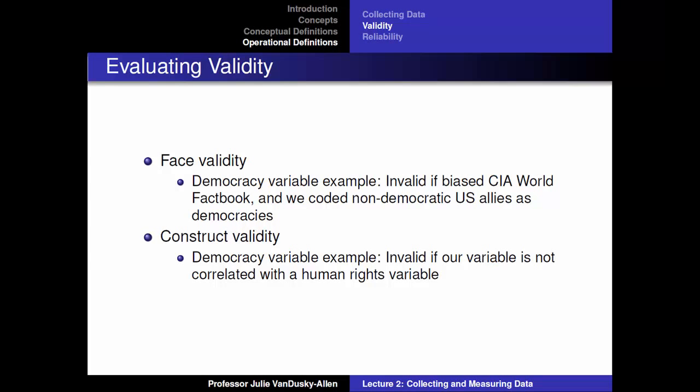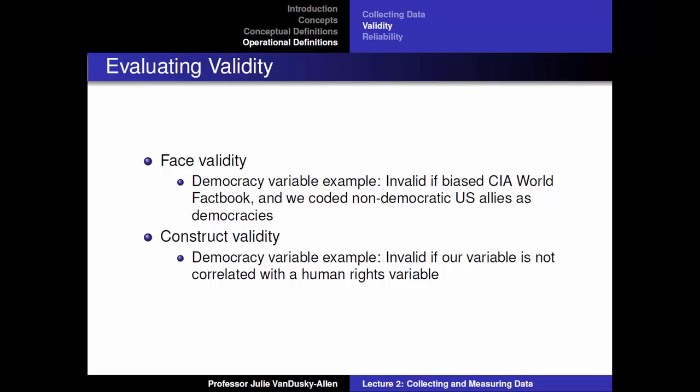We already did this when we discussed threats to validity in the previous slides. So for example, we talked about how it could be possible that the CIA World Factbook was biased and could lead us to miscode some non-democratic U.S. allies as democracies. If this is the case, then the democracy variable would fail the face validity test and would be considered an invalid measure of democracy.